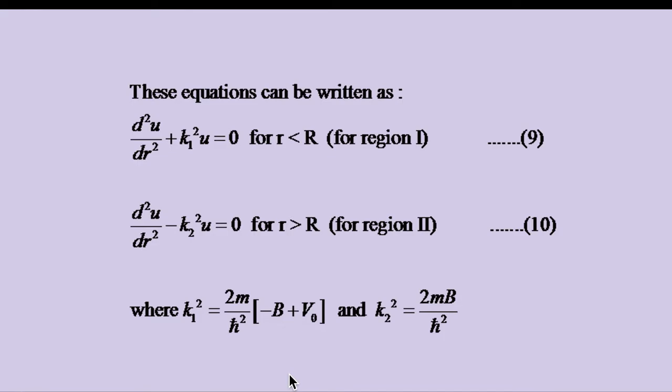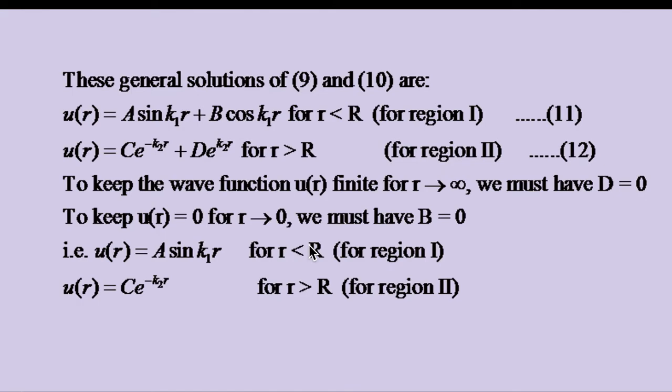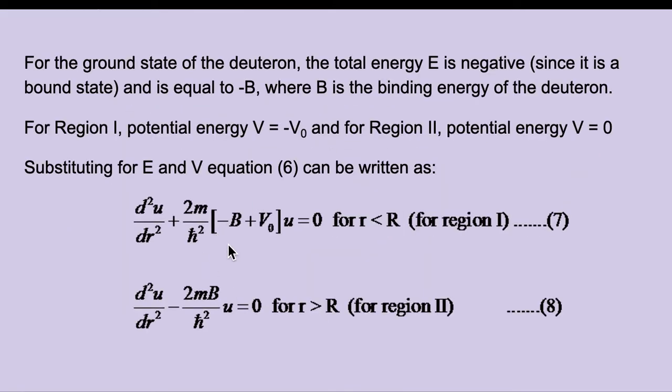Now we are rewriting this equation as d square U by dr square plus k1 square U equal to 0 for r less than capital R, and d square U by dr square minus k2 square U equal to 0 for r greater than capital R. Here we are writing the first coefficient as k1 square and the second as k2 square.